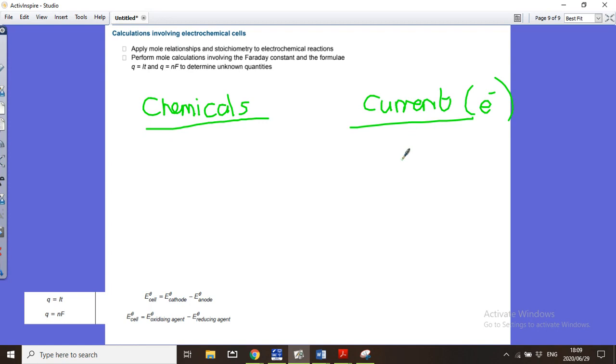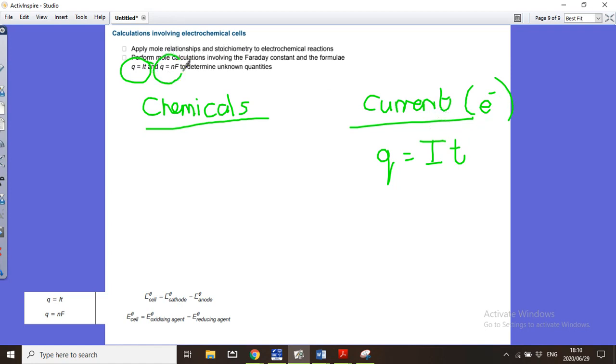So let's say they tell you that you've got a current of 5 ampere. You're going to use your equation Q equals IT, and they should then give you a time, and you're going to use this to get your charge. Now, charge is electrons. So you need to go and figure out how many electrons you actually have.